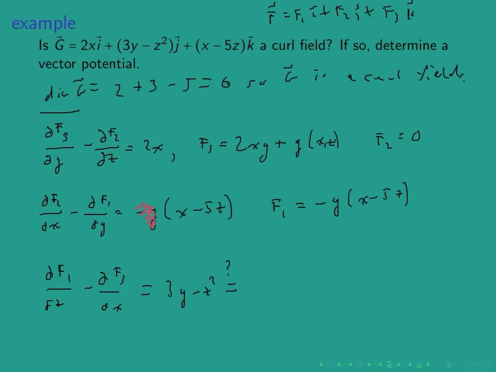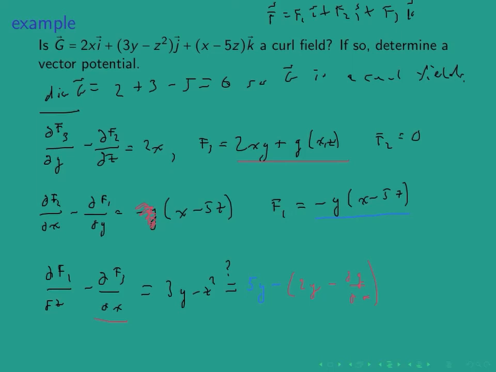Okay, so the partial of f1 with respect to z, notice there's a 5yz term, so when I differentiate with respect to z, I simply get 5y minus, I'm going to take the partial of f3 with respect to x, so I get minus 2y minus the partial of g with respect to x. Okay, so you can see it's not too bad. I want to compare 3y, and over here I have 5y minus 2y, so that's good. And then I need minus z squared.